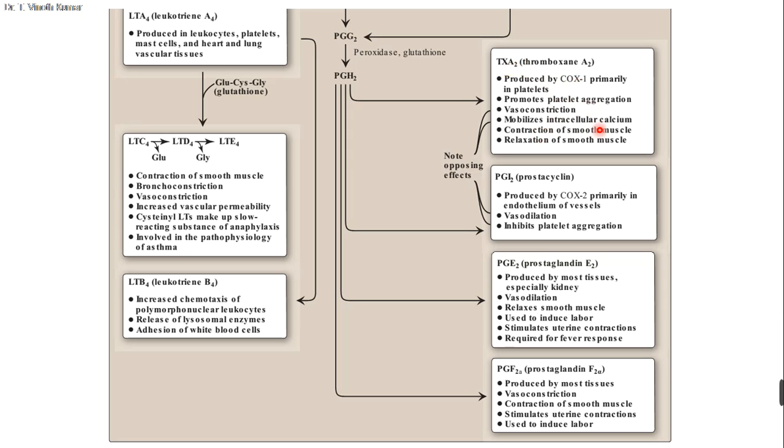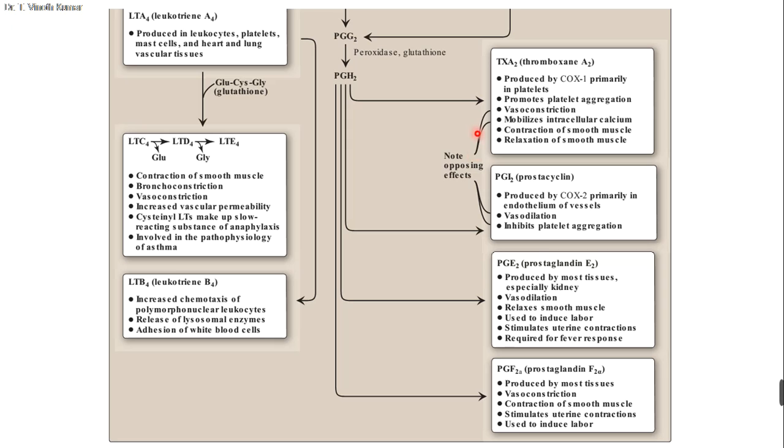And the constriction of smooth muscle, especially in the spine, creates a lot of complications. There is back pain, and neck pain may be formed, that will create further complications also. And this may be reduced by COX-1 inhibitors.